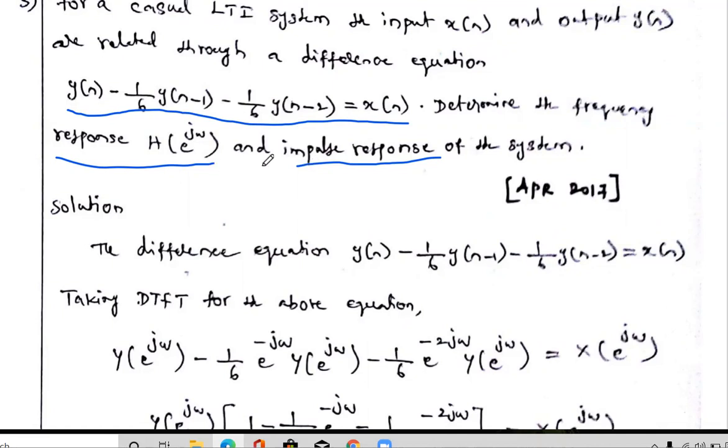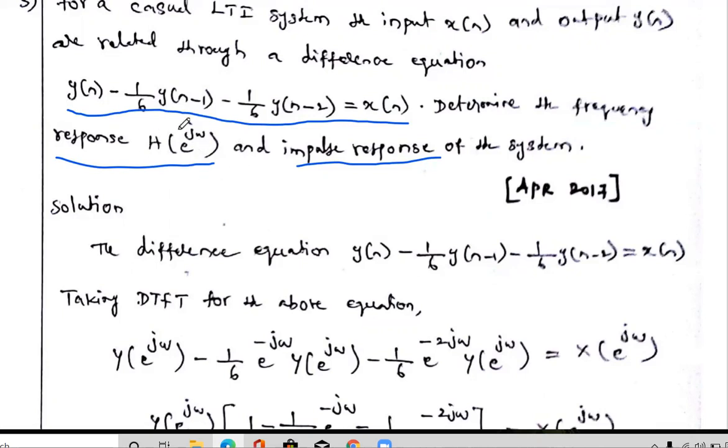So what is meant by frequency response? The frequency response is H of e power j omega. It's the ratio of the discrete time Fourier transform of the output divided by the discrete time Fourier transform of the input x of n. That is, H of e power j omega equal to Y of e power j omega divided by X of e power j omega.